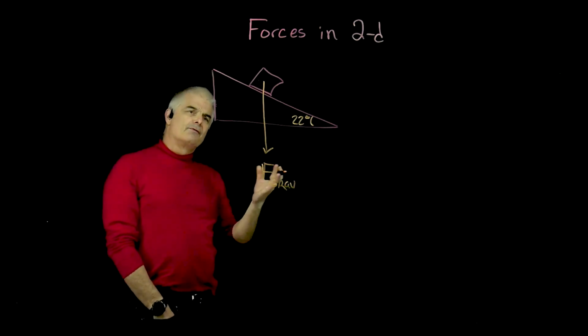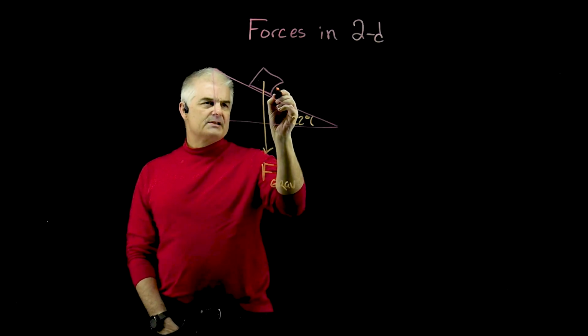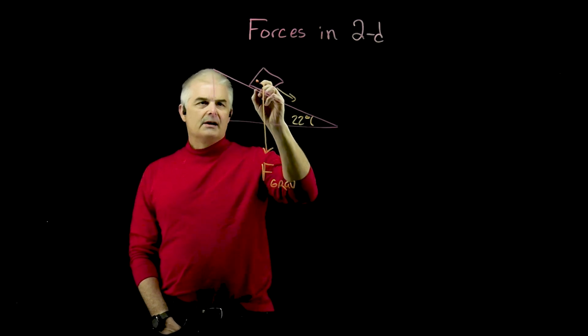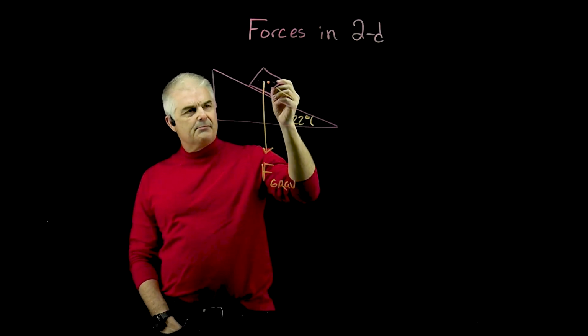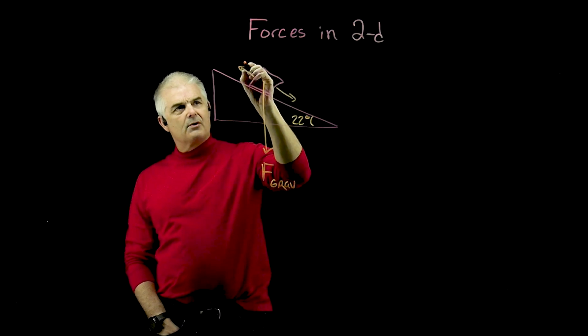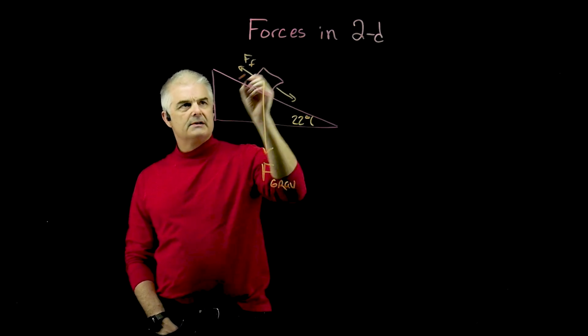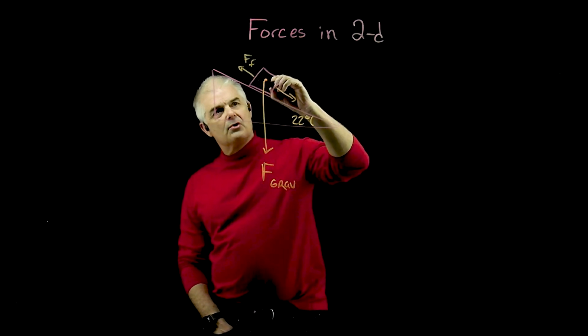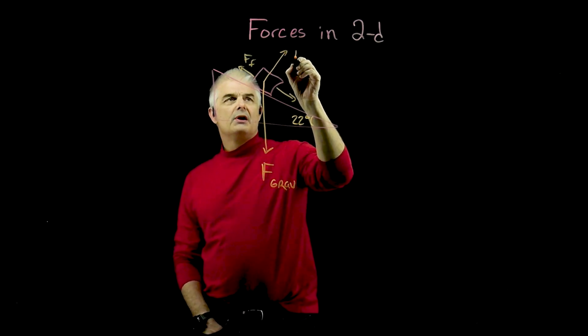What other forces? There's a force pushing this down, right? But that's not equal to gravity because of the angle. Also, because it's a box on a ramp, there's a force pushing backward called the force of friction. And if you recall, there's also a force pushing up called the normal force.